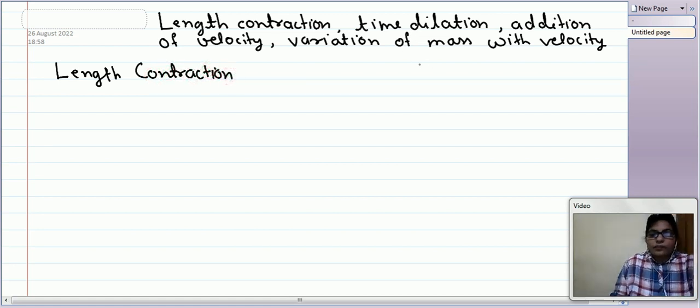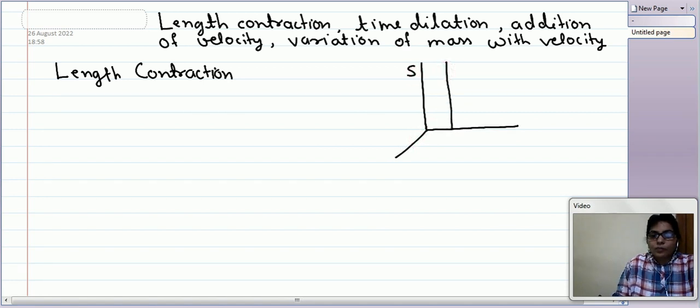So here again we will take two frames of reference, S and S dash. S dash is moving with constant velocity v with respect to S, and the coordinates are x, y, z, and here it is x dash, y dash, and z dash.